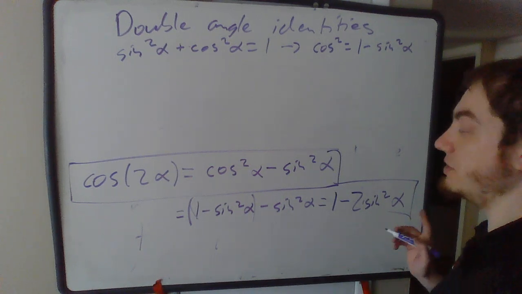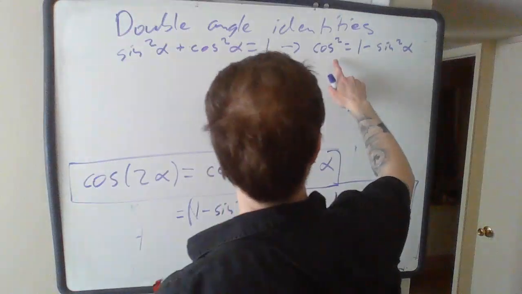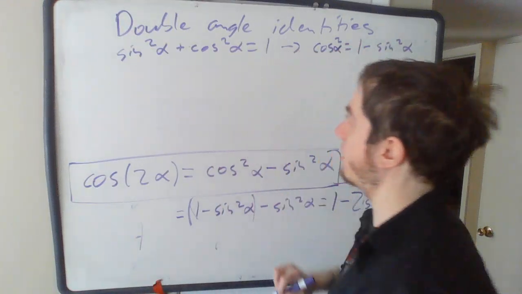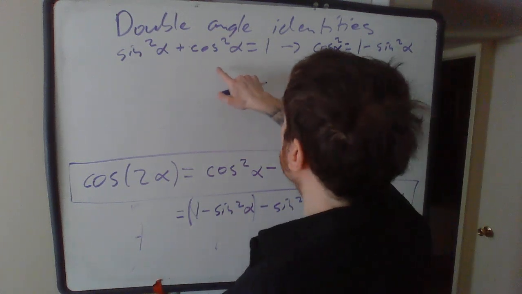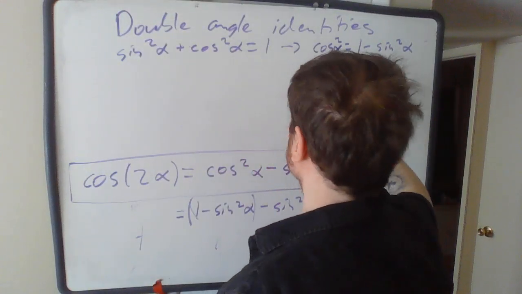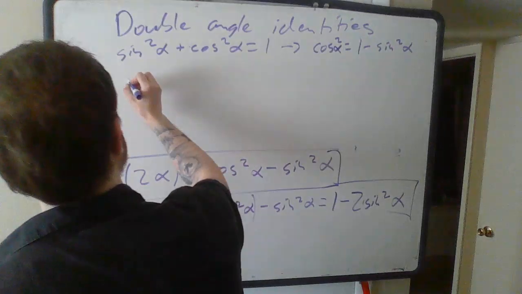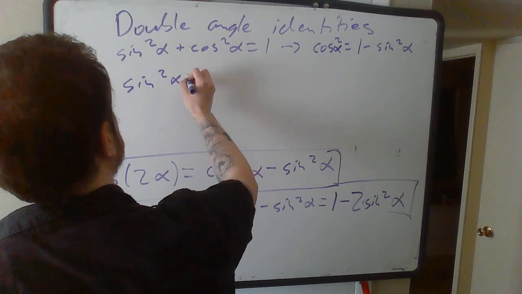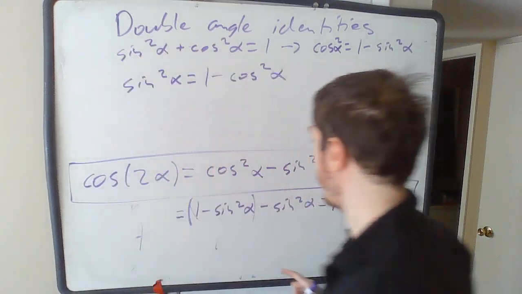One more thing that I can do to rewrite this is, instead of cosine, whoops, that should have a cosine squared alpha. I dropped my alpha on there, I'm sorry about that. One more thing I should be able to do is to rewrite sine squared in terms of cosine squared. So I could say sine squared alpha is actually 1 minus cosine squared alpha.